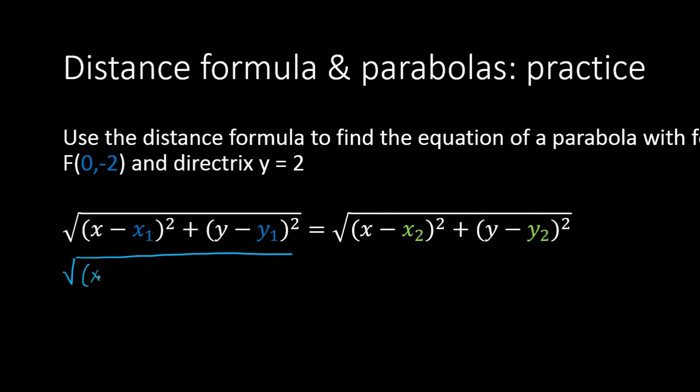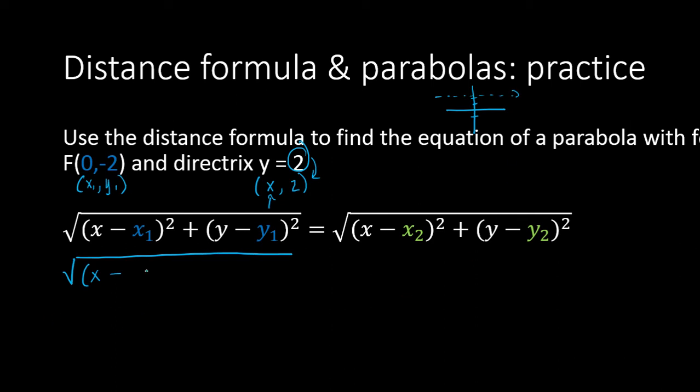Now, remember that this focus is going to be x1, y1, and x2, y2 will be x, 2. I get the 2 from the directrix being 2, and I use the x because y equals 2 for all x, because this is a line. Okay? I've got a line here at y equals 2, so no matter what x value I plug in, I get 2 back.